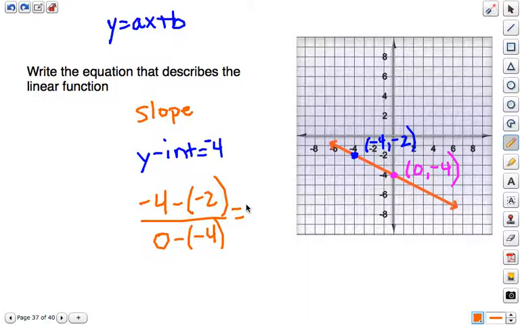All right, negative 4 minus a negative 2, that's just going to become negative 4 plus 2, which is negative 2, over 0 plus 4, which is 4. And then if we reduce that, we will get negative 1/2. So our slope is negative 1/2.